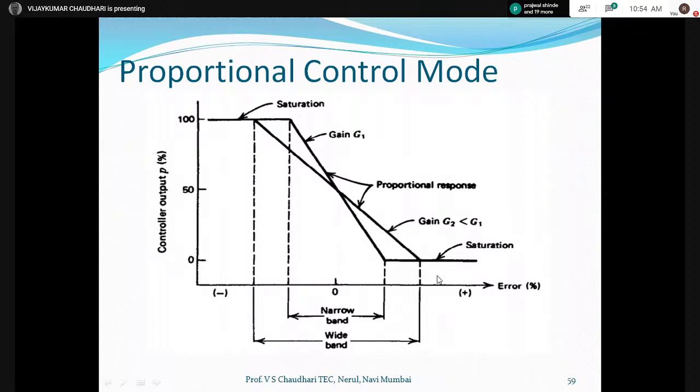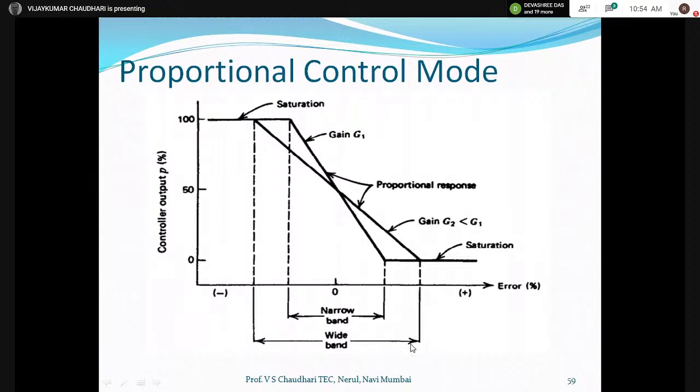And the slope depends upon the proportional gain. So if the gain G2 is less, we will have a wide proportional band. That is, we can have a larger range of errors for which there will be a linear relationship between controller output and error.